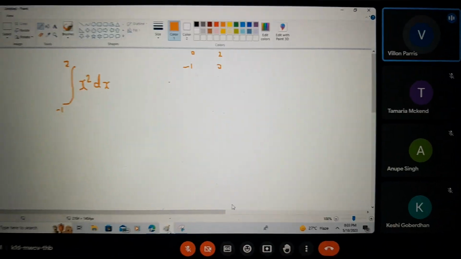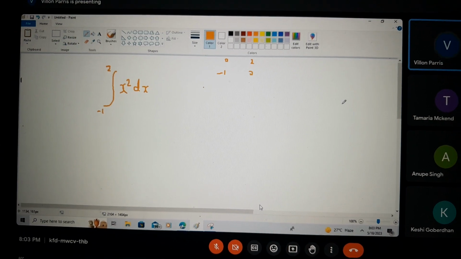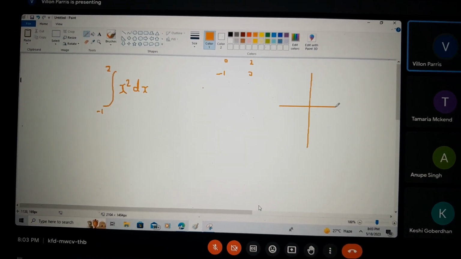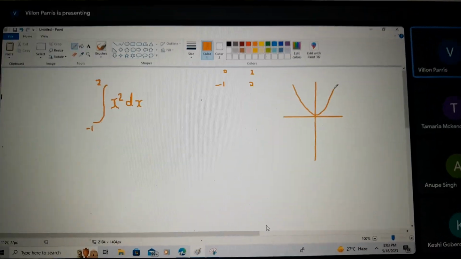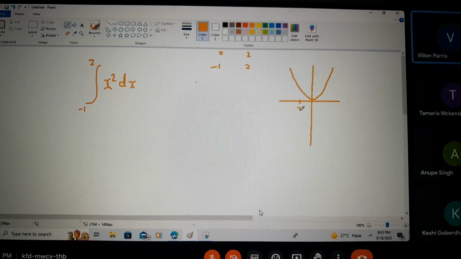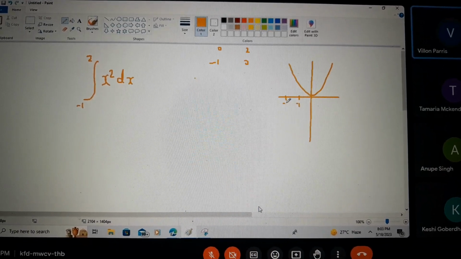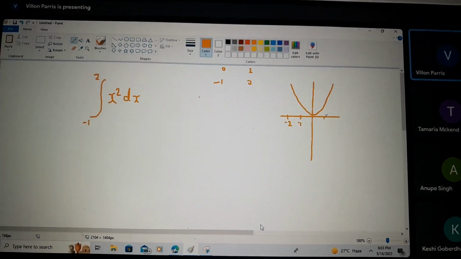You don't blindly go and say, I'm going to break up the limits. So the graph looks like this. The x squared graph is symmetrical here. Let's say this is -1, -2. So this will be 1 here and 2 here.